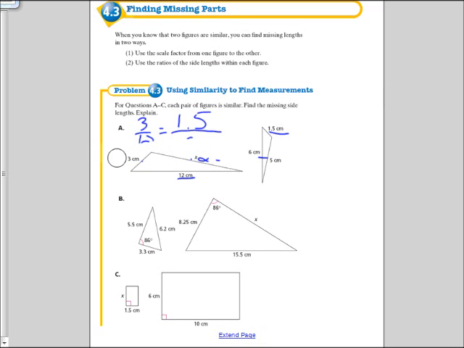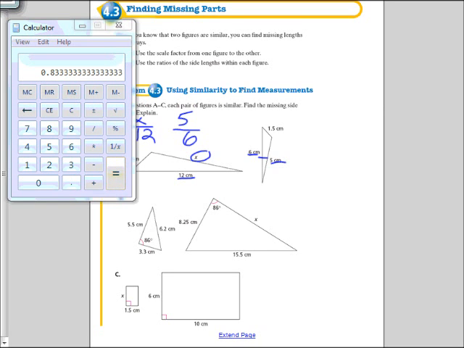Now, what we're going to do is the same thing except for the missing one. This is our middle, so x over 12 matches up with this middle length, 5 over 6. All right. If I divide those out on my calculator, I'm going to get 8.3 repeating.